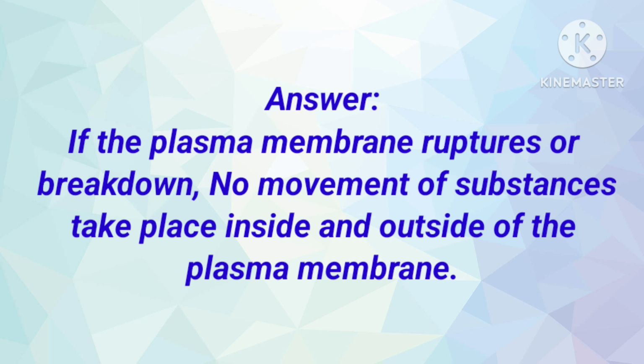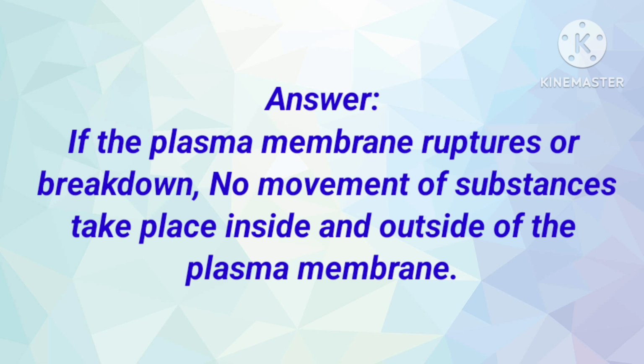If the plasma membrane is ruptured or broken down, no movement of substances takes place inside and outside of the plasma membrane. That is important. Just imagine you are at home and you close and open the door, so you can enter, leave, or remove something.